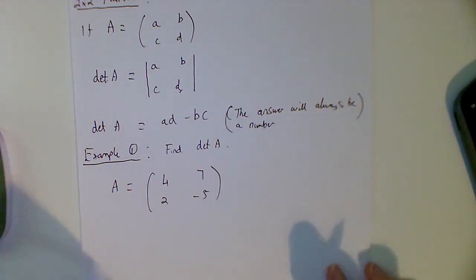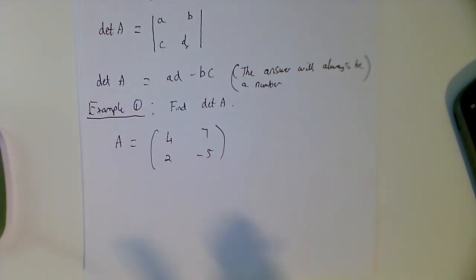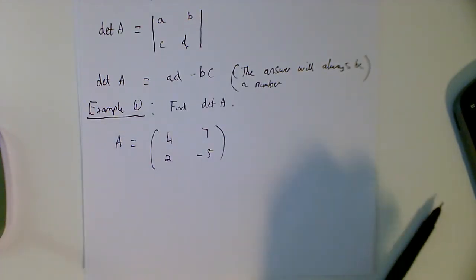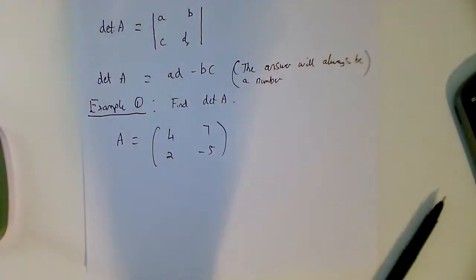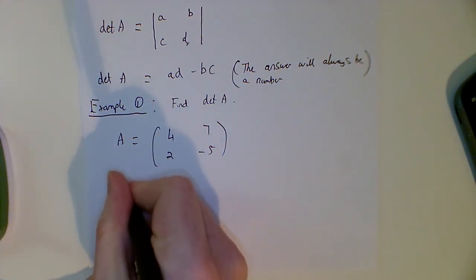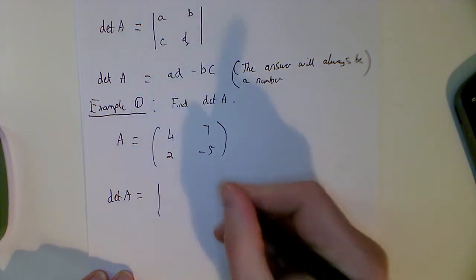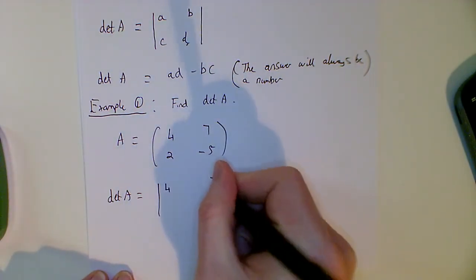Okay, so if I want to find det A, so this is my matrix, 4, 7, 2, negative 5. I'll try and sharpen up that image in the camera a little bit. I think that's maybe a little bit better. Right, so det A means we put straight lines on either side.